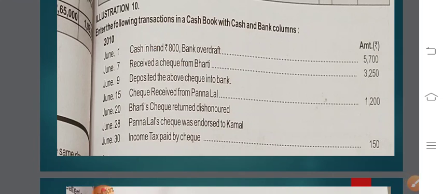Bharti's check returned dishonored. Now, first of all, what is the meaning of dishonor? Basically, dishonor means that the check that was given by Bharti, when bank tried to collect that amount, Bharti's account or Bharti's bank denied to make that payment because of insufficient balance.